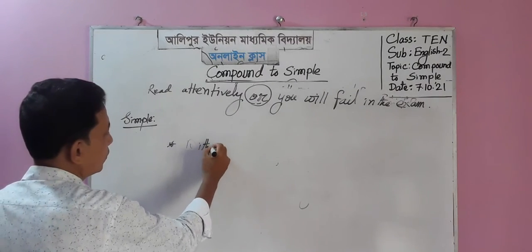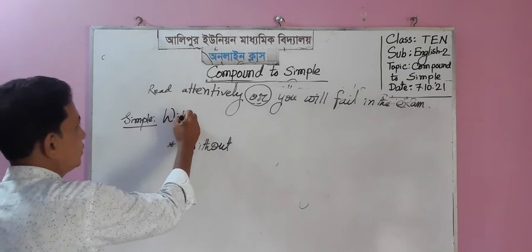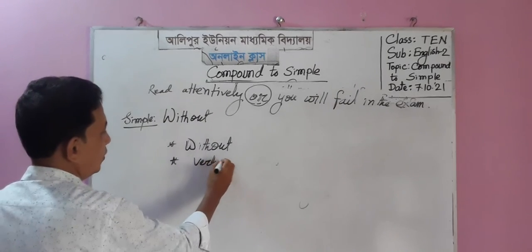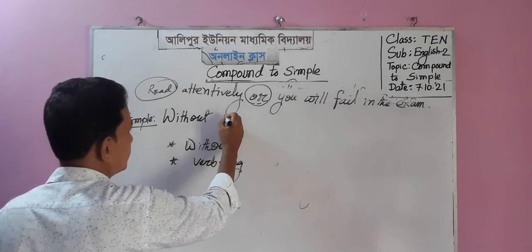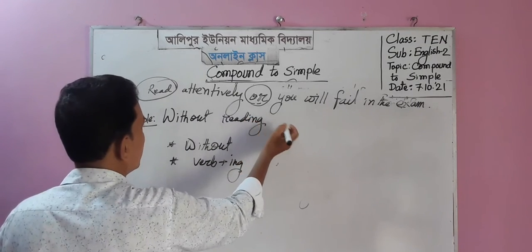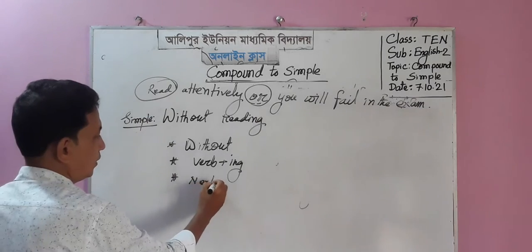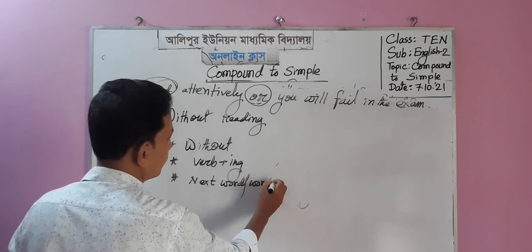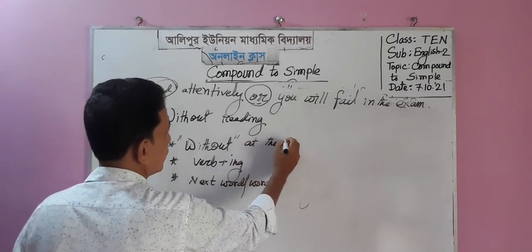Okay, dear students, without. So we may write "without". Next, verb plus ing. The main verb is read, and its ing form is reading. Reading. And then the next word, "without" at the very beginning.